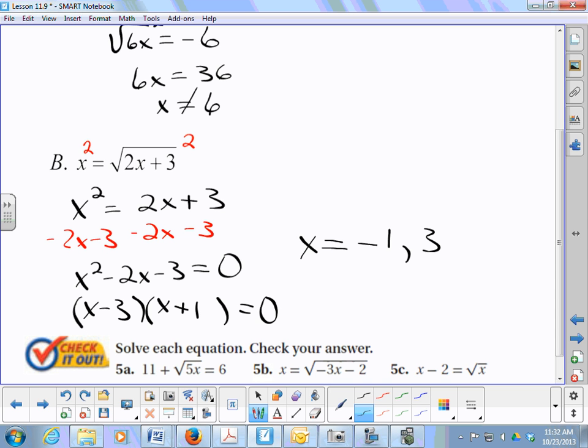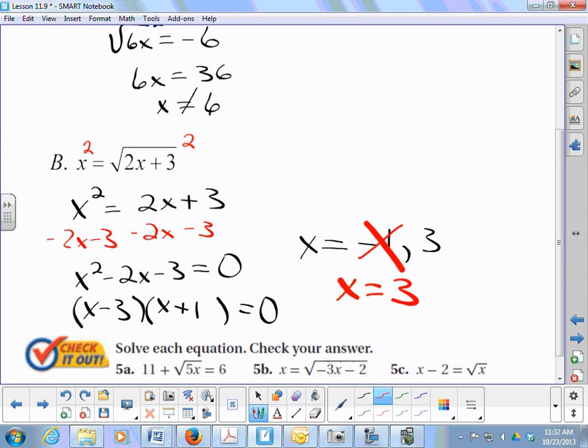Anybody know which one? I was waiting for you guys to say the 3. It's the negative 1 that doesn't work, because the right-hand side cannot be negative, because it says a positive square root of 2x plus 3. So this doesn't work. My answer is x equals 3.